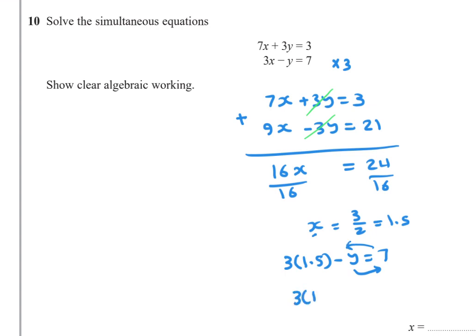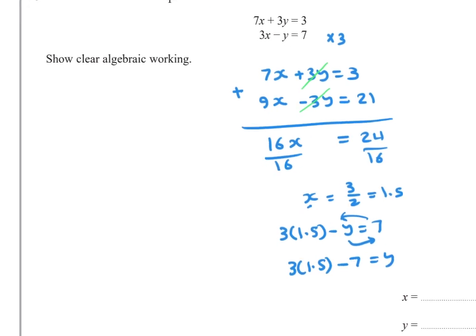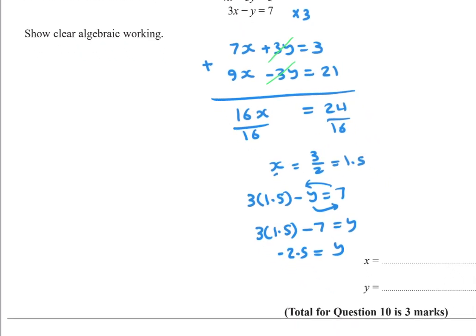So 3 times 1.5 minus 7 equals y. So y equals negative 2.5. So x equals 1.5 and y equals negative 2.5.